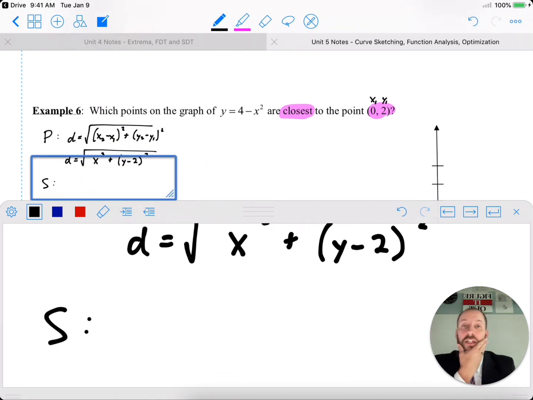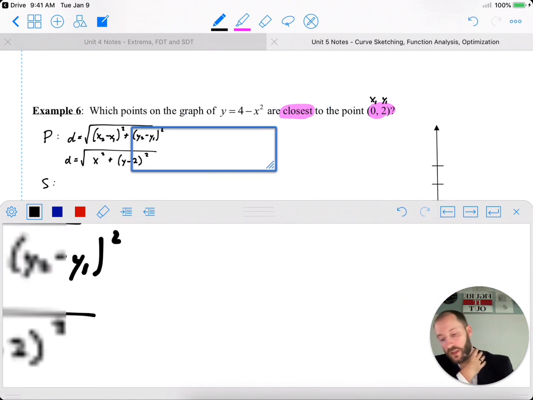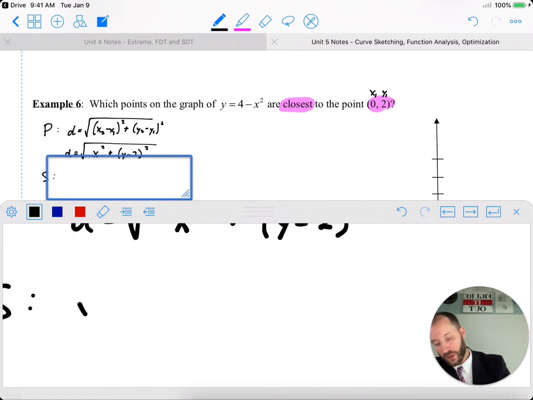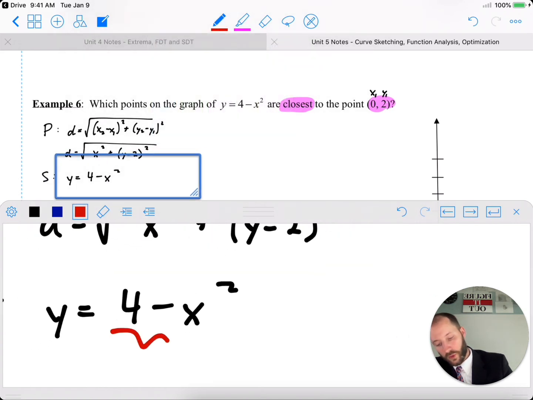And now the secondary equation, another equation that fits into the problem, which you have right here: the equation y equals 4 minus x squared. Go ahead, substitute that in, so 4 minus x squared going in for y.